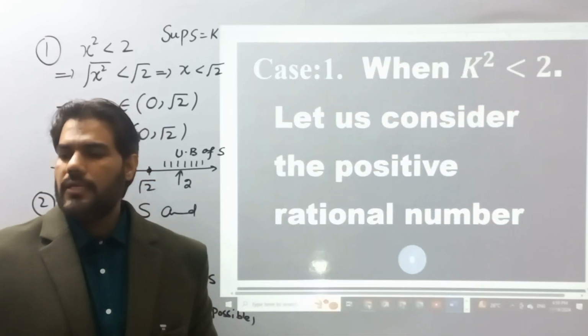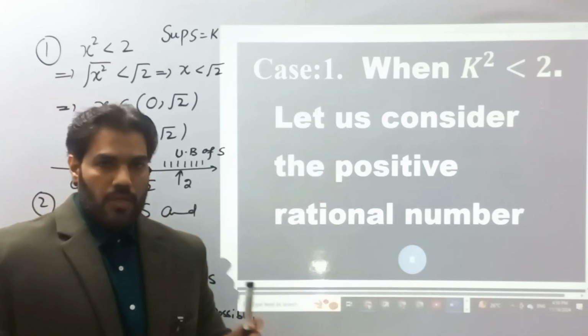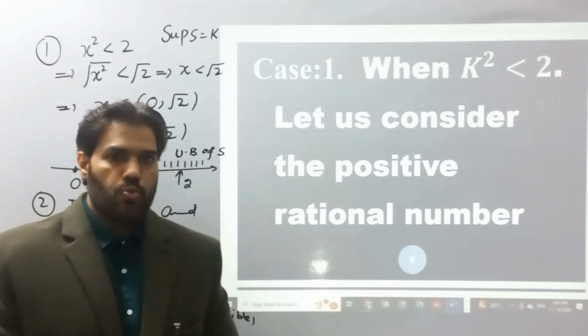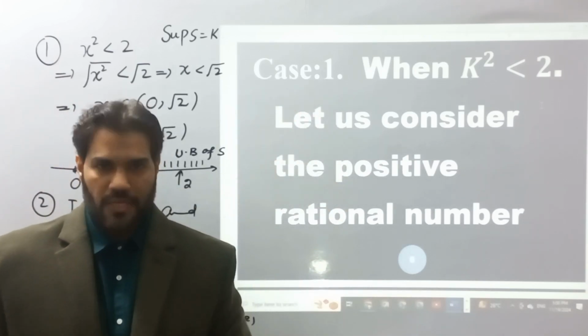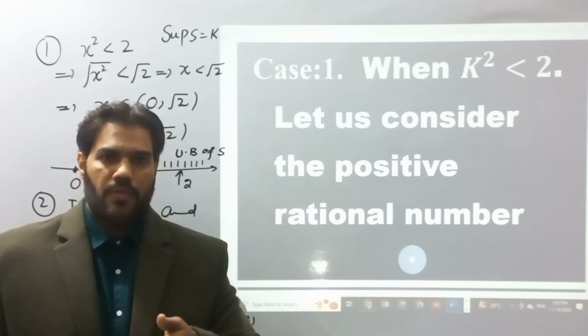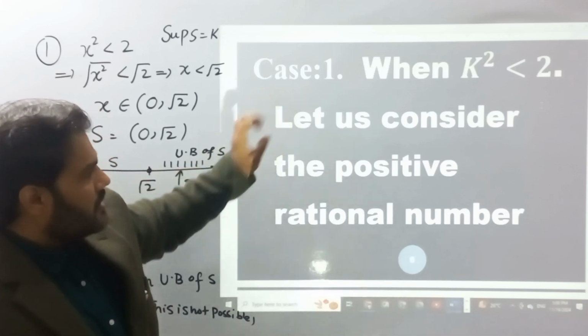So in case number 1, when K square is less than 2. Now this is important. I want to prove this case is not valid. This is a wrong case. All three cases are wrong. This is my target. How will I prove that this case is wrong?